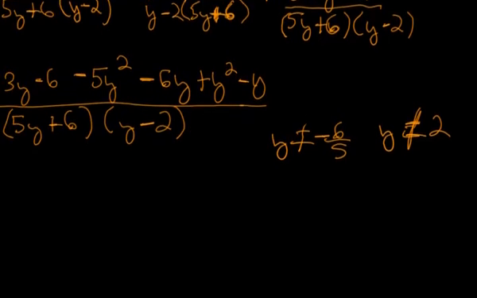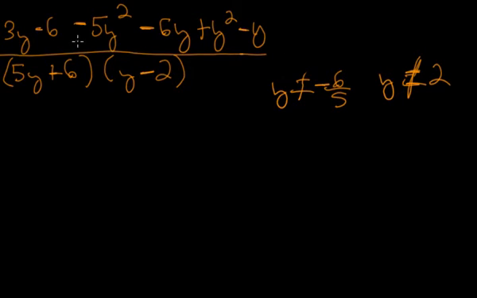All right, and let's collect like terms in the numerator. So I have a negative 5y squared and a positive y squared. That's negative 4y squared. I have a positive 3y and a negative 6y and a negative y. So that's negative 4y. And I've got a minus 6 at the end.